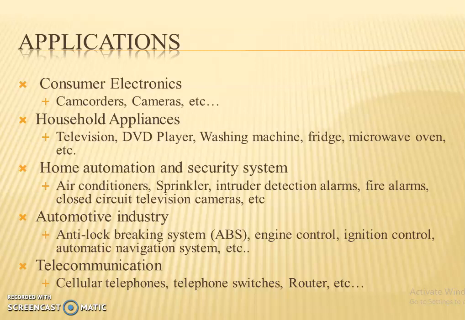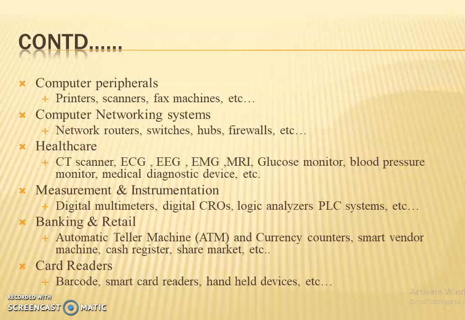Next, embedded system can be used in household appliances like television, DVD player, washing machine, fridge, microwave oven, etc. It can also be used in home automation and security systems, and in the automotive industry, telecommunication, computer peripherals, computer networking systems, healthcare units, measurement and instrumentation units.